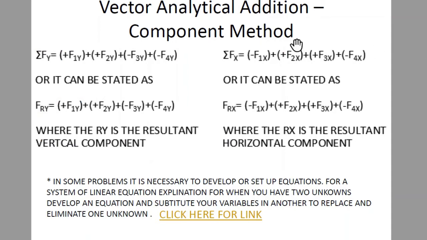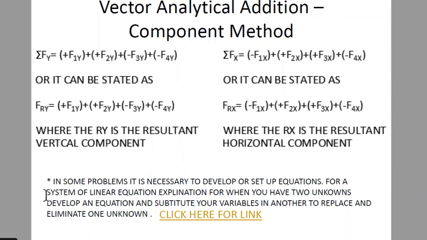And then we have the sum of Fx, which is equal to the sum of all the x components of the forces. It can also be stated as Rx is equal to the sum of all the forces' x components, where Rx is the resultant horizontal component.